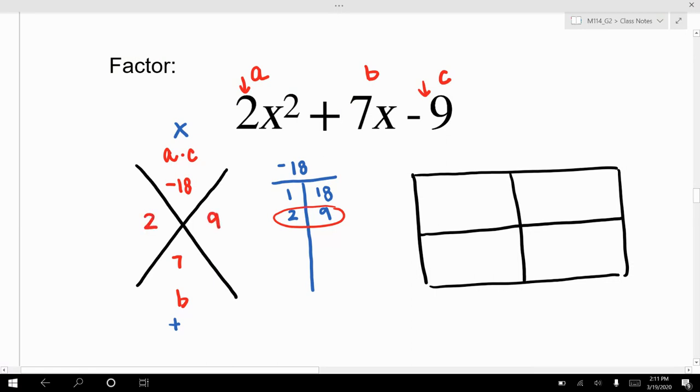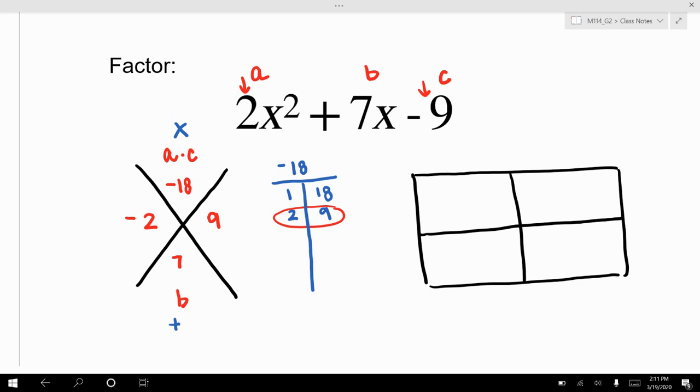And it doesn't matter which side that you place them on. Now, as I mentioned, in order for the 18 to be negative, one has to be positive, one has to be negative. Well, let's see which one of those is going to result in a sum of a positive 7. So it would be -2 plus 9 equals 7. So those are the two factors that we have.